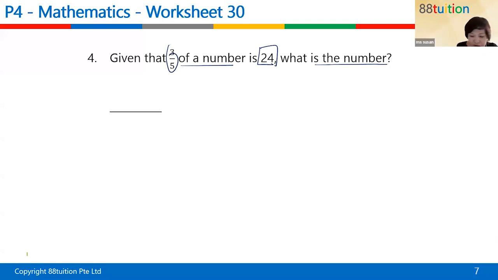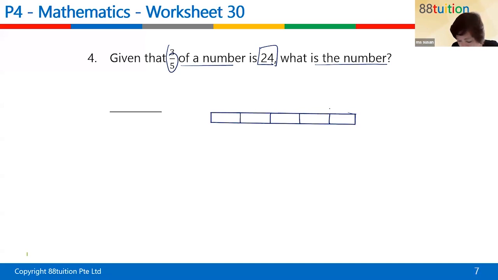If I have the model drawing of 3 out of 5, so this is 3 out of 5 units. 1, 2, 3, 4, 5. And these 3 units from here to here is 24. Because he says so, from here to here is 24.